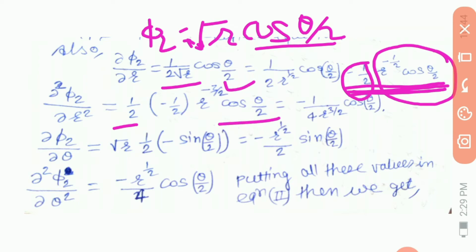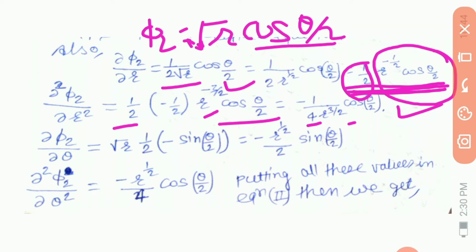So 2 into 2 is 4, minus sign as it is, minus 1/4 r to the power minus 3/2 in the numerator. If we take it in the denominator, that will be r to the power 3/2 and cos θ/2 as it is.